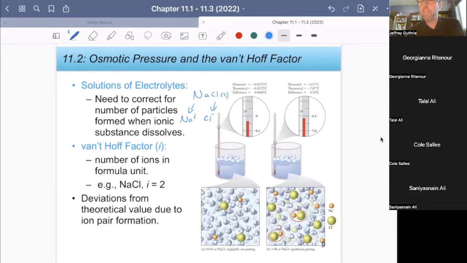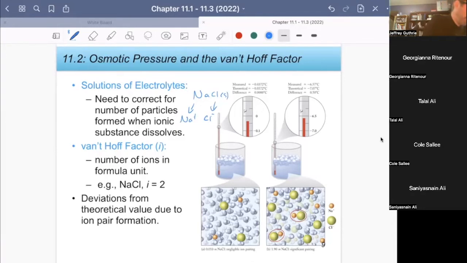So we have twice the number of particles. Initially we had just 1 sodium chloride, now we have 2 ions. The Van't Hoff factor takes into account the breaking up of ionic molecules. For sodium chloride, the Van't Hoff factor I is going to be 2, because there are now 2 ions in solution rather than just 1 sodium chloride.